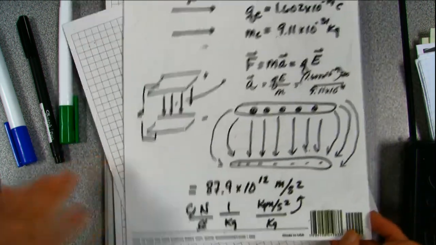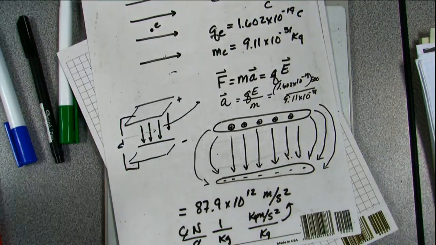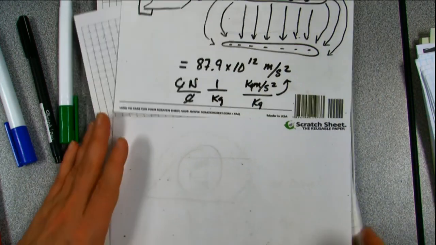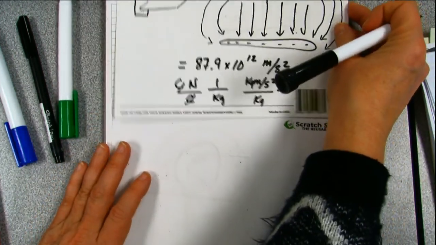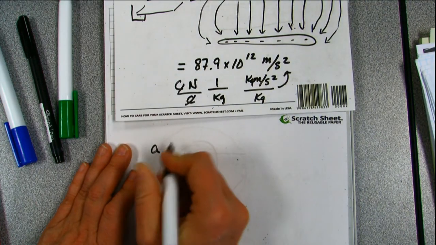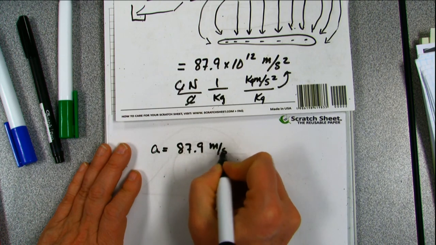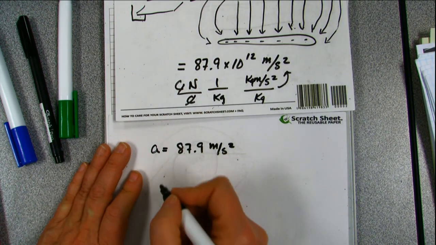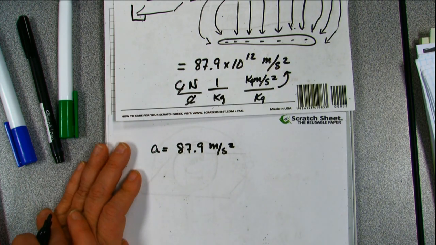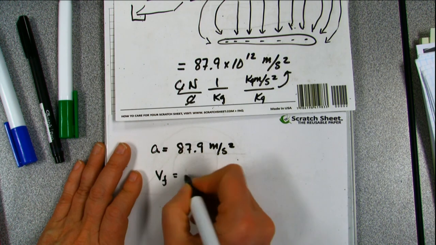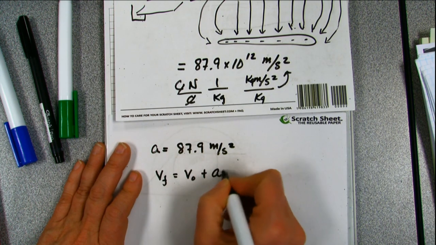And for grins and giggles, let's calculate the speed of the electron 1 picosecond after it enters the field. So we've got the acceleration, 87.9 times 10 to the 12th meters per second squared. If we assume we've just turned on this electric field and this little electron is sitting in there, V final is equal to V initial plus acceleration times time.